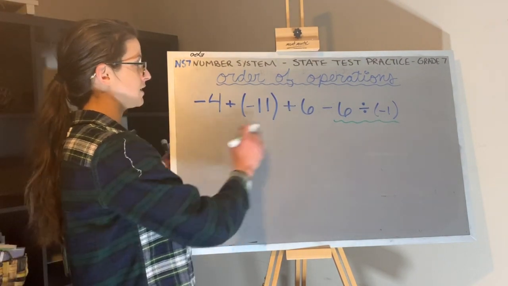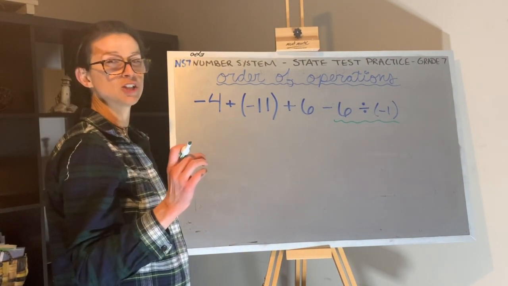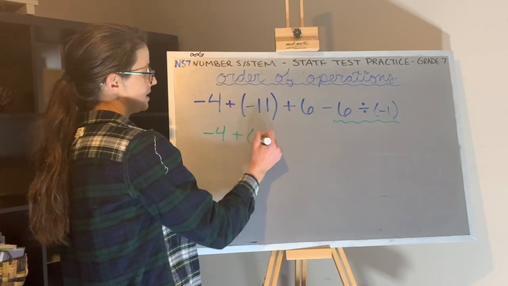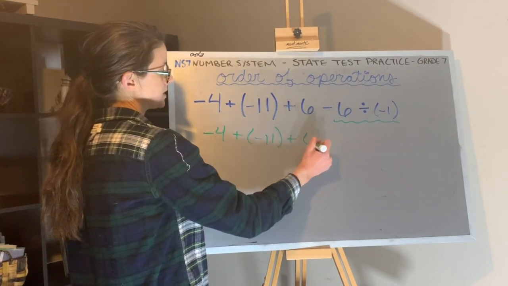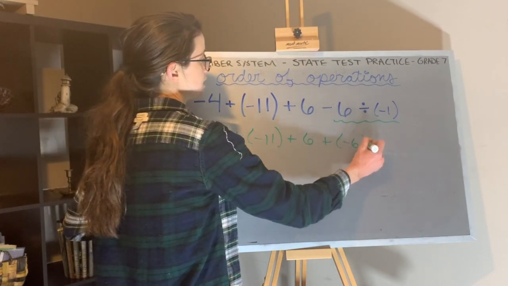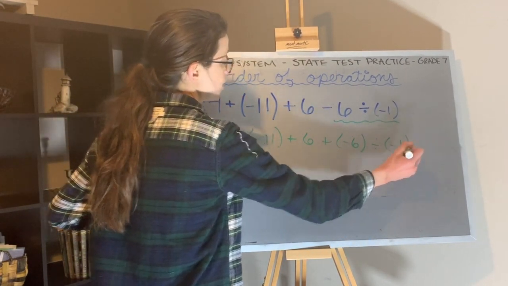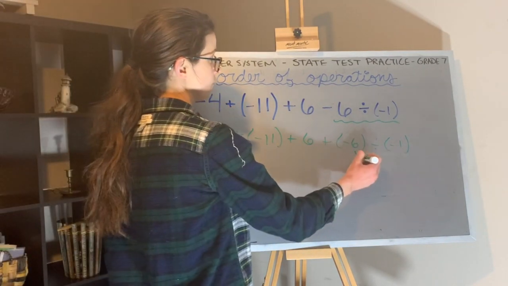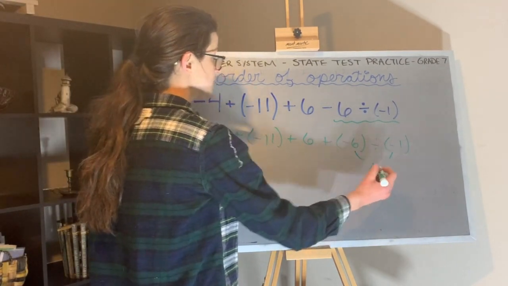So I'm going to rewrite this whole expression with addition symbols and no subtraction. I have -4 plus -11 plus 6 plus -6 divided by -1. And now it's much easier to see that I have -6 divided by -1, which will just be +6.